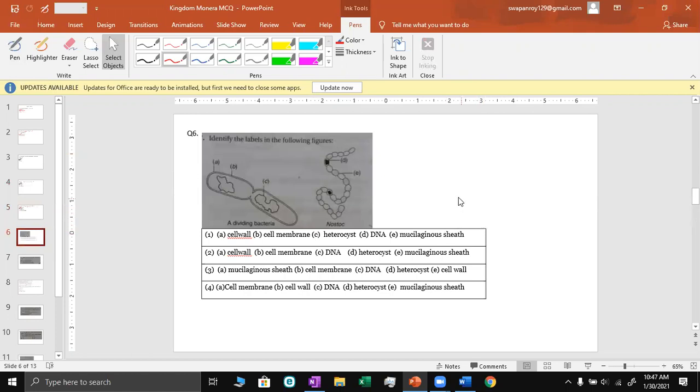Here are two diagrams. Can you see them clearly?